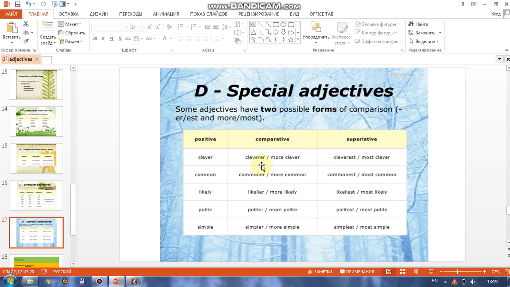We can say cleverer or more clever. Both forms are available. And in superlative degree we will use the est suffix and the word most also: the cleverest or the most clever. You just have to learn these adjectives by heart: clever, common, likely, polite, simple.